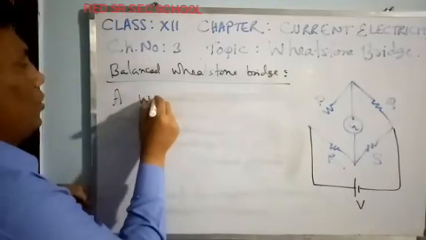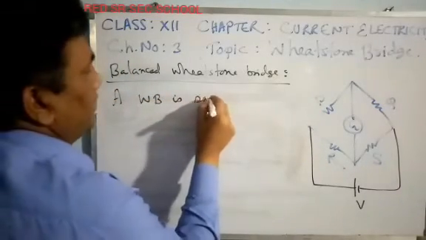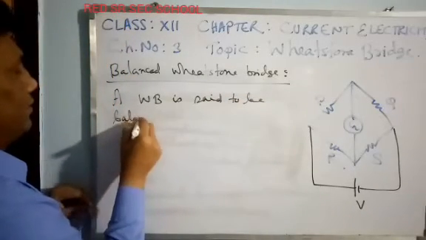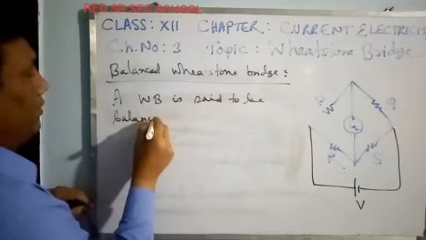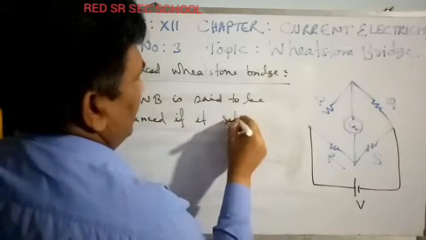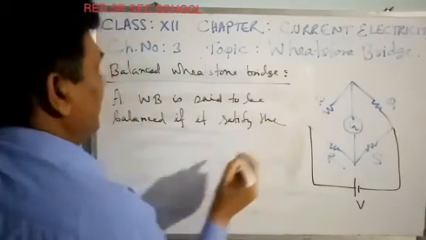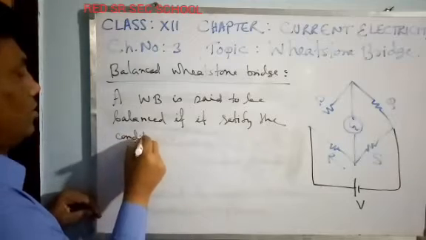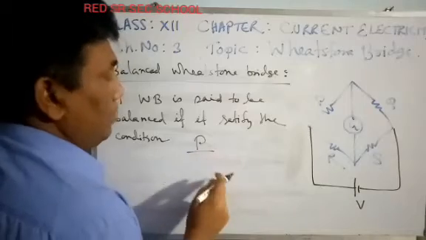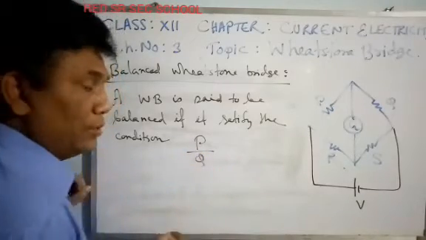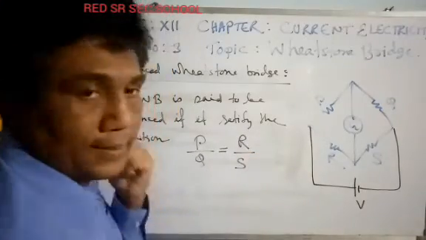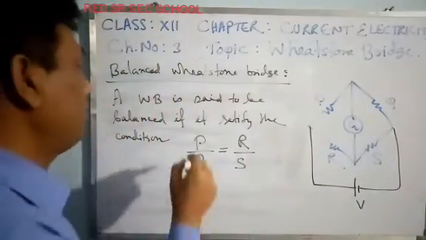A Wheatstone bridge is said to be balanced if it satisfies the condition. Which condition? Ratio of resistance of P to resistance of Q equals resistance of R to S. This is called the balance condition of Wheatstone bridge.